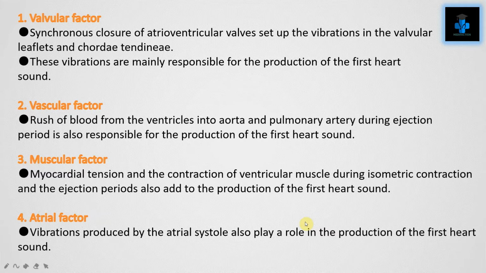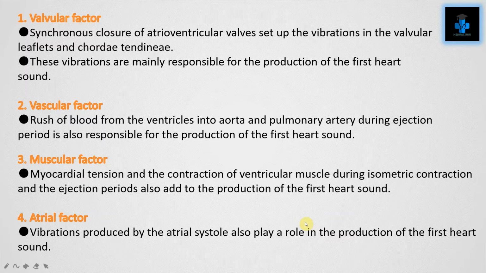Second factor is vascular factor. The rush of blood from the ventricles into aorta and pulmonary artery during ejection period is also responsible for the production of the first heart sound. The third factor is muscular factor.